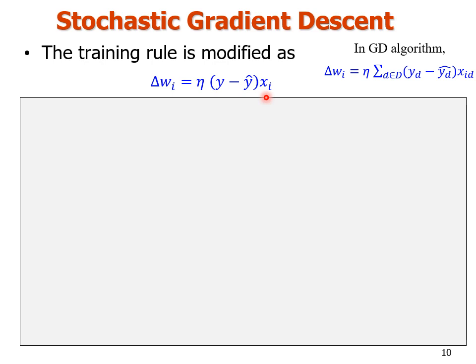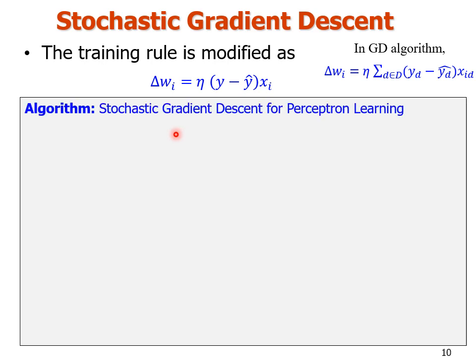So let us try to systematically write this algorithm for stochastic gradient descent. Once again we have the input as the training set D having samples of the form (x, y), where capital X is the vector that denotes the features of that particular training example, and y is the known label associated with this vector x.